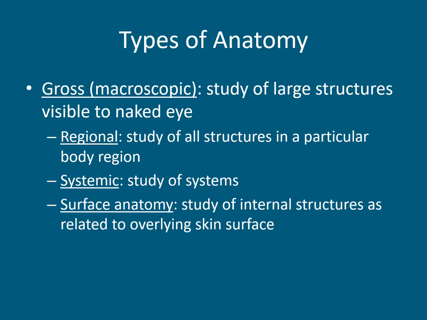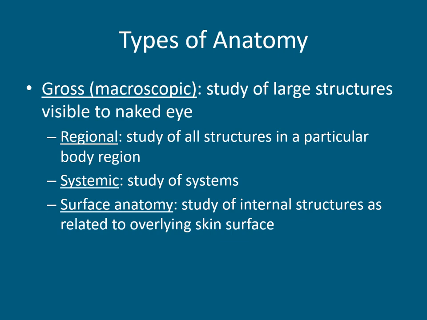There's different types of anatomy. Gross anatomy, often called macroscopic anatomy, is where you're looking at things that can be easily seen with the naked eye. You don't have to use a microscope. And one thing you'll find in biology is we love to categorize things and break them down into smaller components and subdivide things.